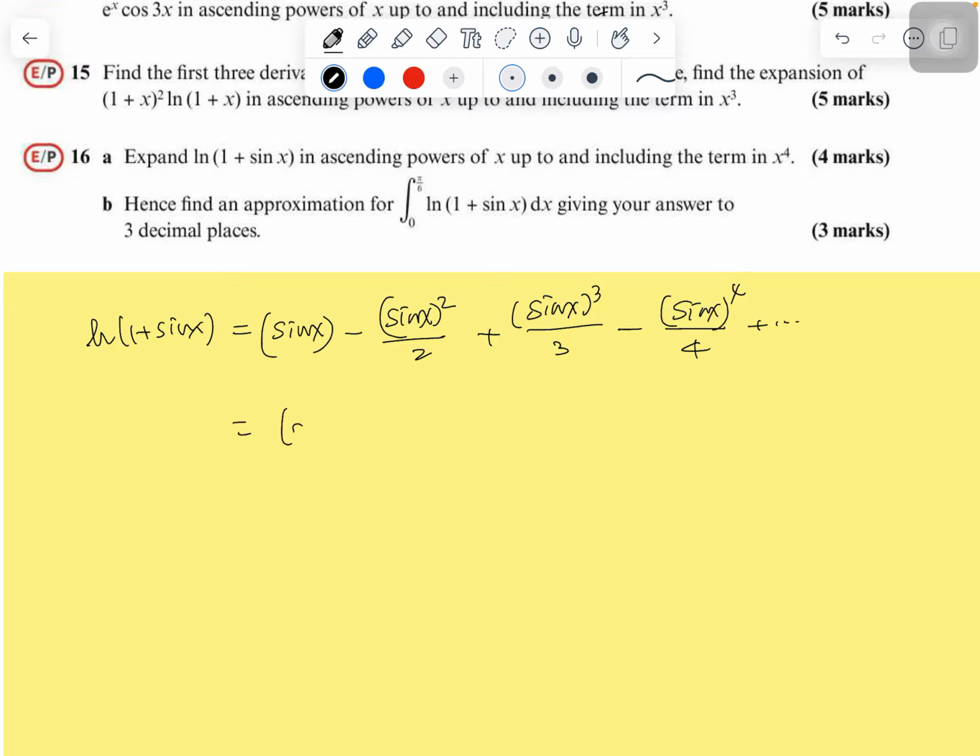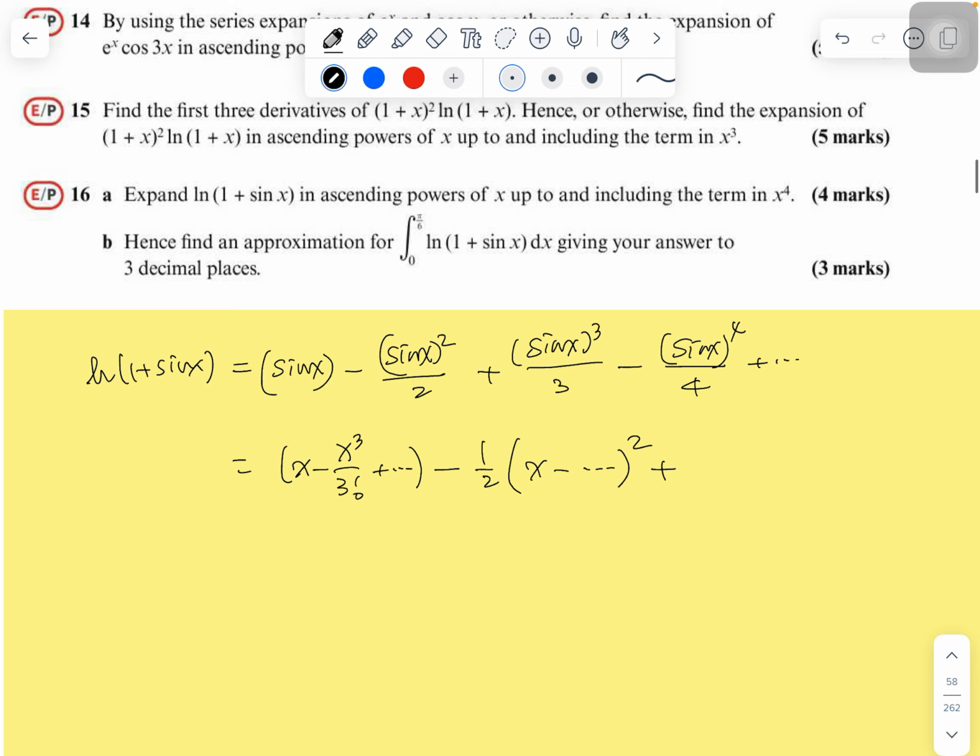Sine x is x minus x cubed over 3 factorial, plus 1 over 2 (x minus x cubed over 3 factorial) squared, no, x cubed over 3 factorial, and so on. Because when I make it square, I may find the x to the power of 4.